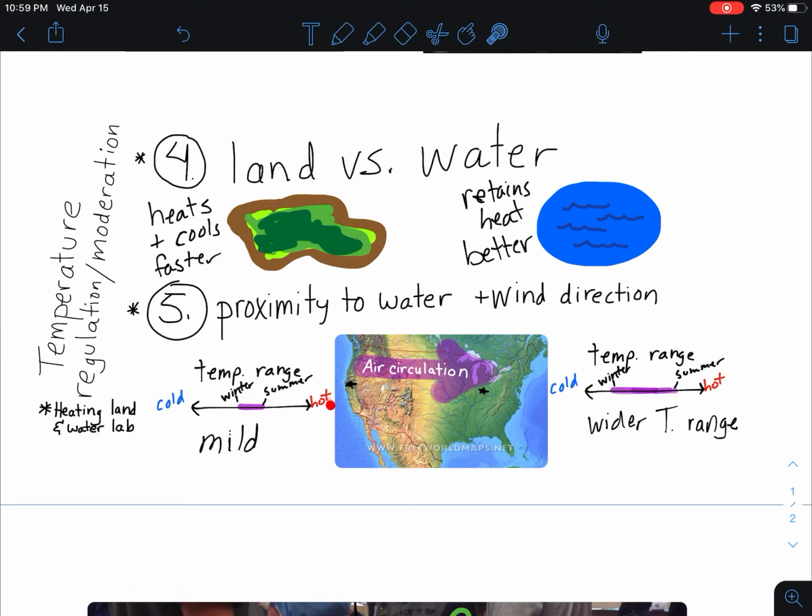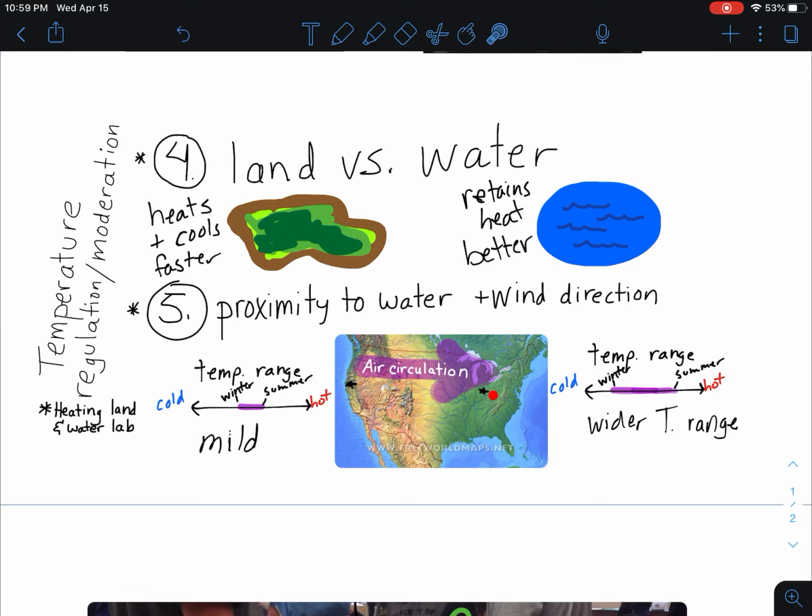Because the temperature of the water doesn't change all that much throughout the entire year, the air above it doesn't heat up as much. And so the temperatures coming in are a fairly small window of a temperature range. So this is a moderate annual temperature range.